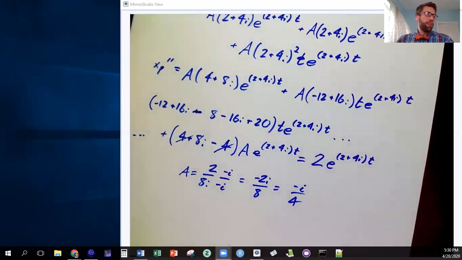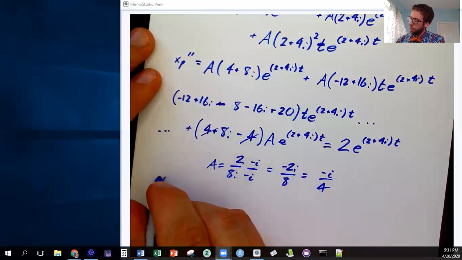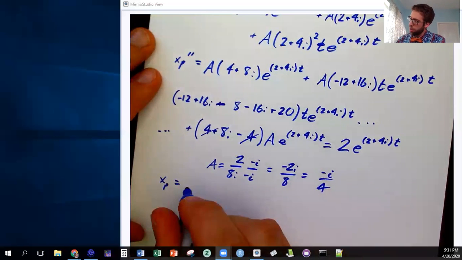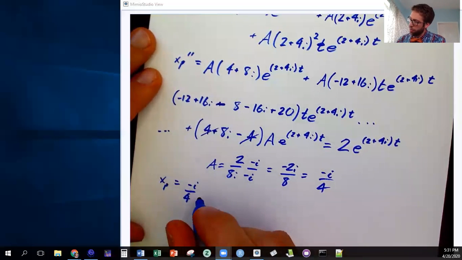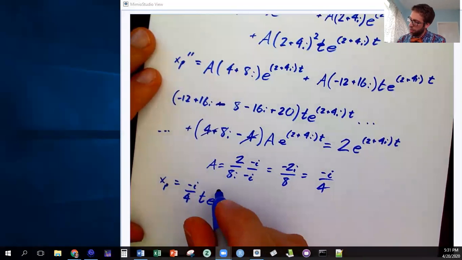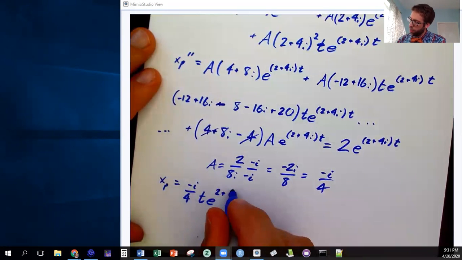So that means that xp equals negative i over 4 times t times e to the 2 plus 4i times t.